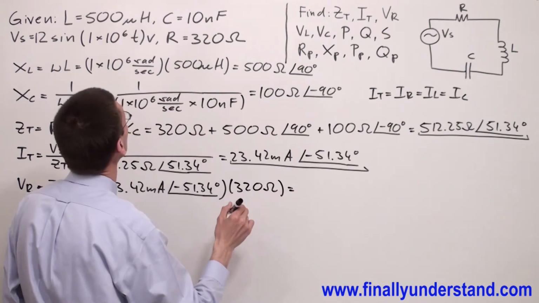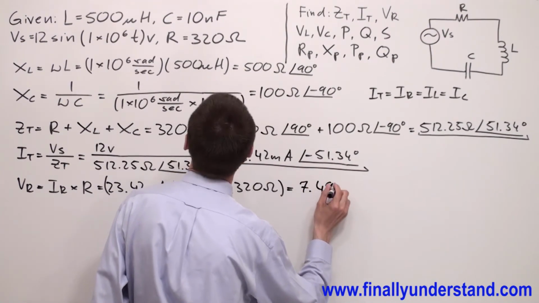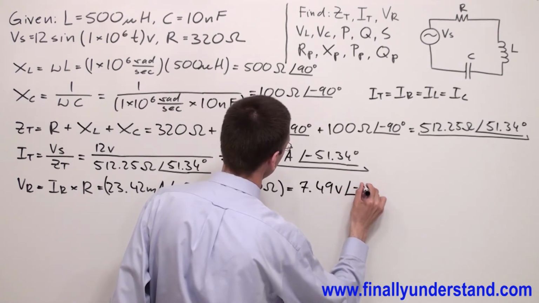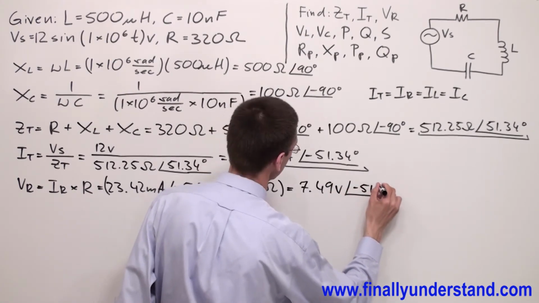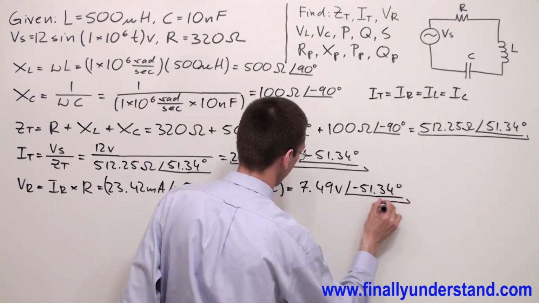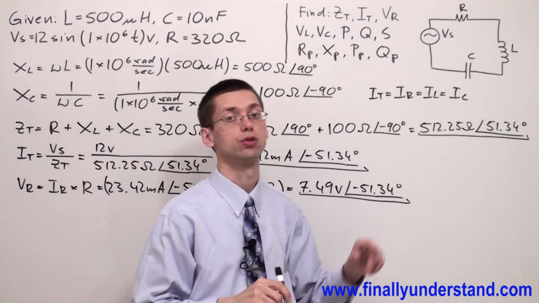This is equal to 7.49 volts and angle of negative 51.34 degrees. So this is the voltage drop across the resistor.